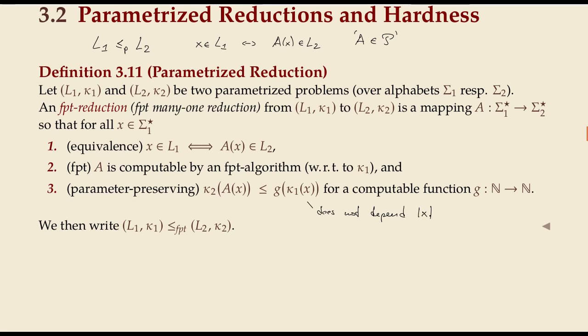Right, that's the important part. Now g, again, it's the same letter as before, but g is a very different thing. Before it was this growing function and so on. Here it's just any computable function. So this bound is not very strict. This could be extremely large, but it may not depend on the length. If we have such a reduction, we write this problem reduces to that in the FPT world, written like this.